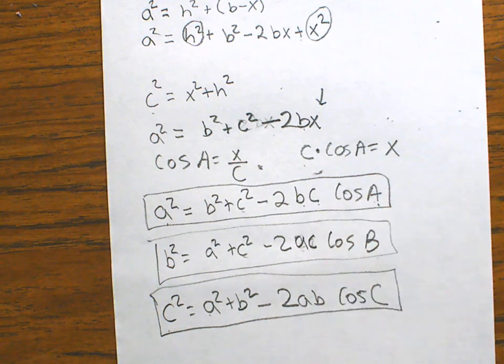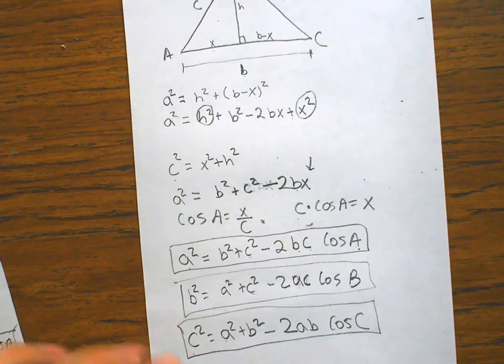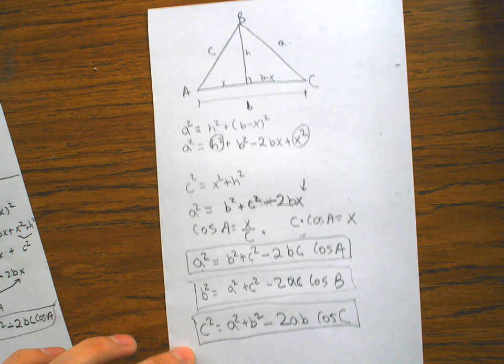So you probably have to label them A, B, C in order to apply one of these equations. So this is how the law of cosines gets derived.